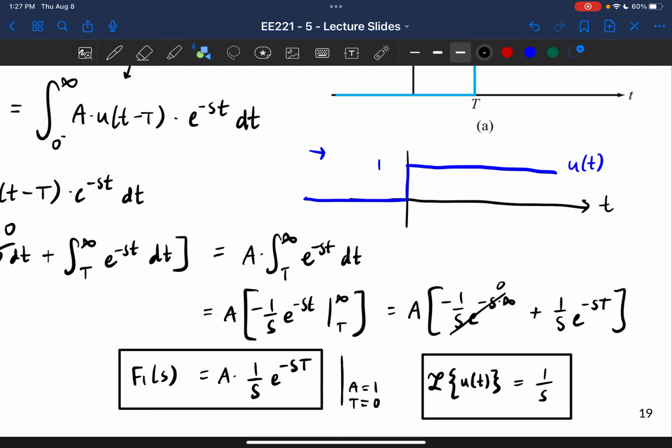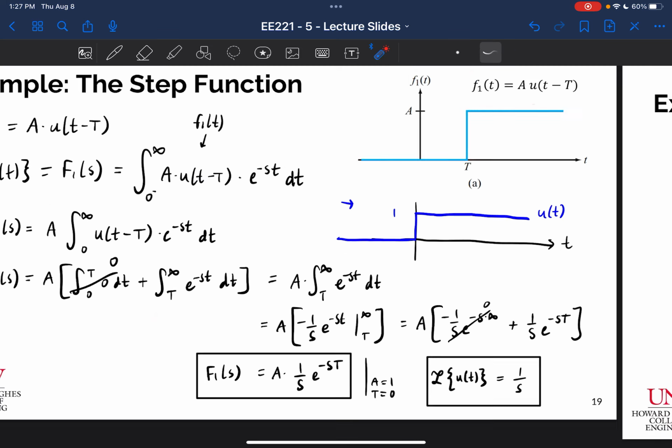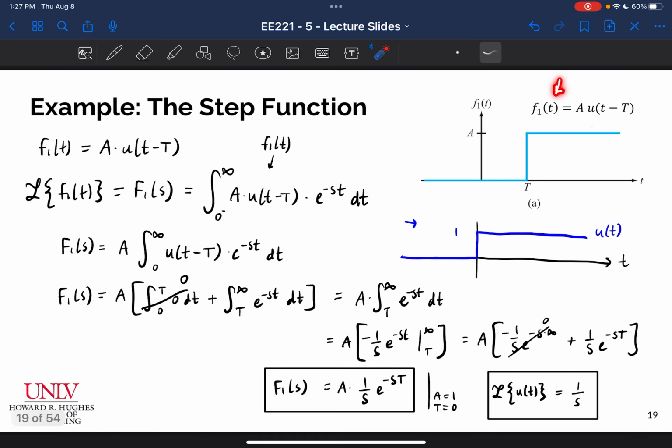Okay, so of course, this was what we were after. We were after the Laplace transform of this particular signal, but I think it's important to note that if we let T go to 0 and a go to 1, we just get u of t, which I have here. And so the Laplace transform of u of t is just 1 over s.